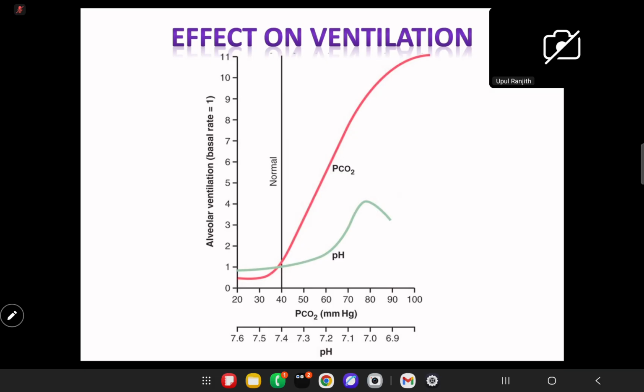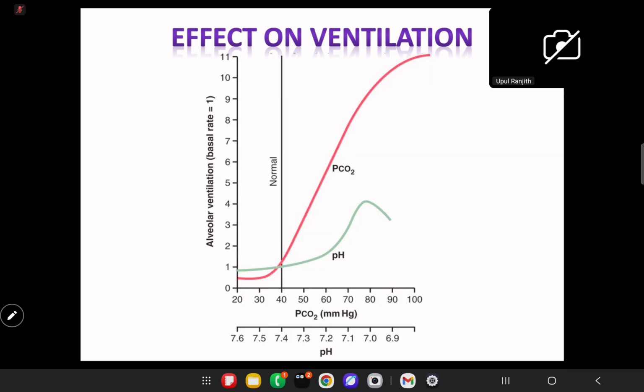Now, in the x-axis, the lower line is the pH and the upper line is the PCO2. In normal arterial blood, PCO2 is 40 millimeters of mercury and the pH is 7.4.